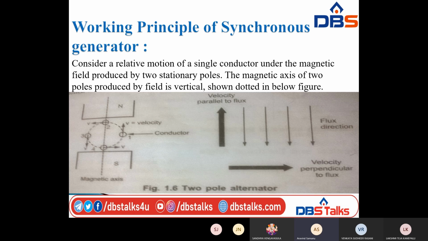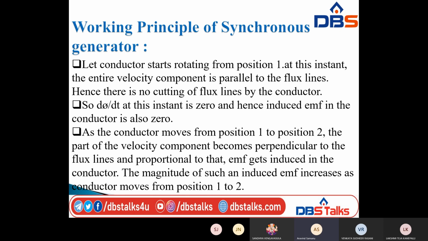If the velocity is moving perpendicular to the flux lines, there is an induced EMF. At the time it cuts the flux, we have the induced EMF. The EMF gets induced in the conductor. The magnitude of such an induced EMF increases as the conductor moves from position 1 to position 2.